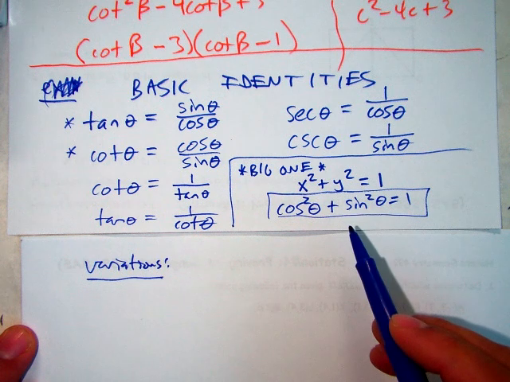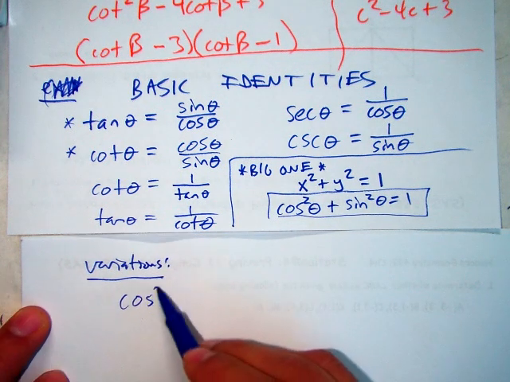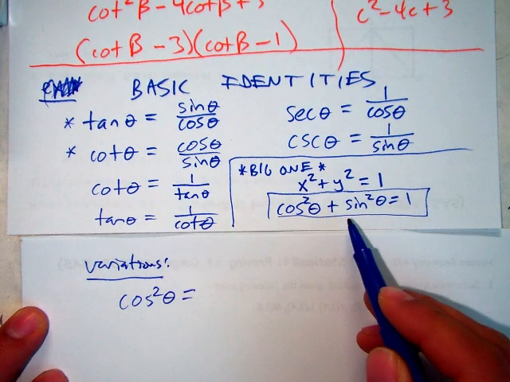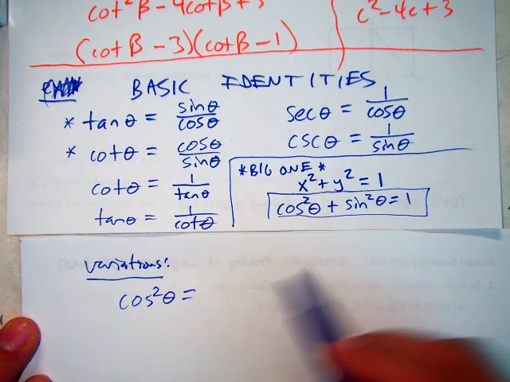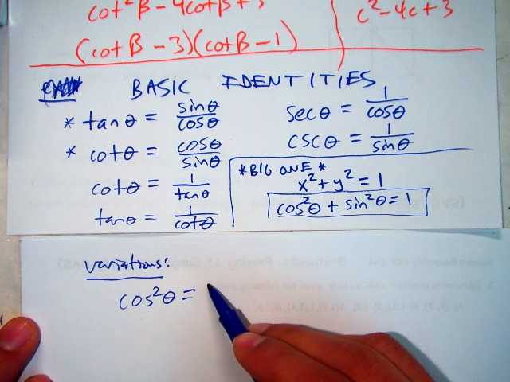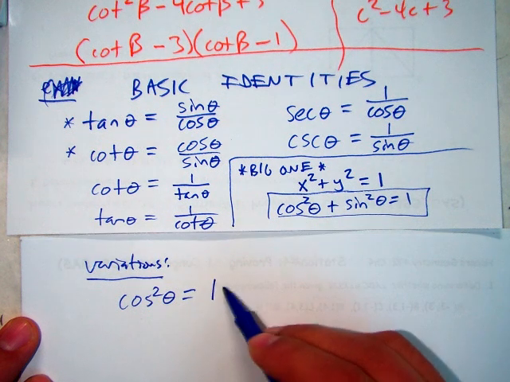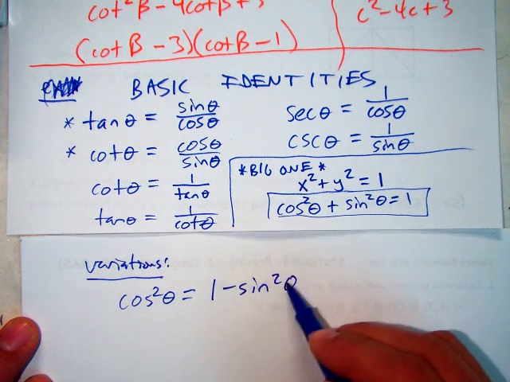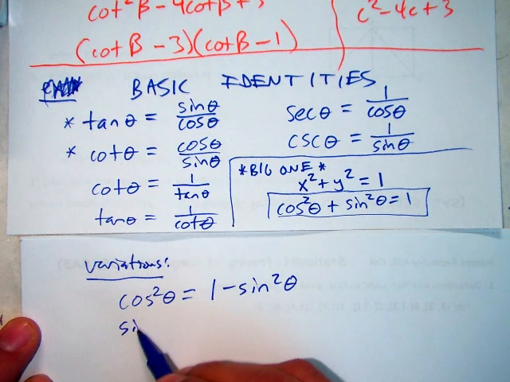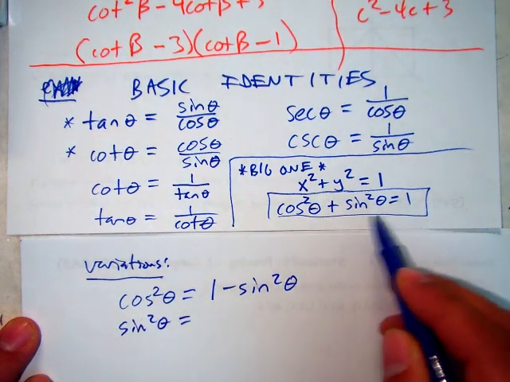For example, if I got cosine squared alone, what would it be equal to? It would be 1 minus sine squared theta. What if I decided I want to get sine squared alone? What would that be? 1 minus cosine squared.